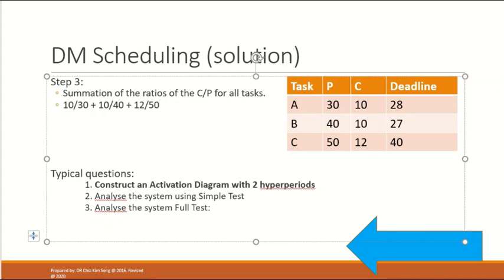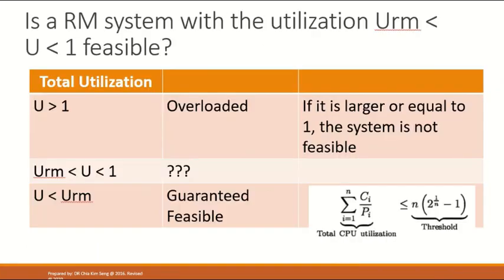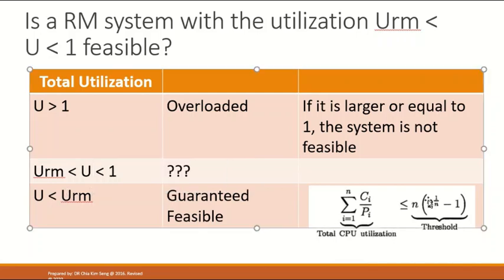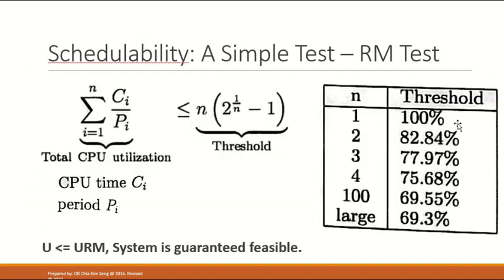So this is a slide from our part 3. This is the criteria. We want to see whether it is guaranteed or not by the URM. URM is a threshold, a formula. This is the outcome if you key in n equal to the number of tasks. We have 3 tasks, so it is equal to 77.97.